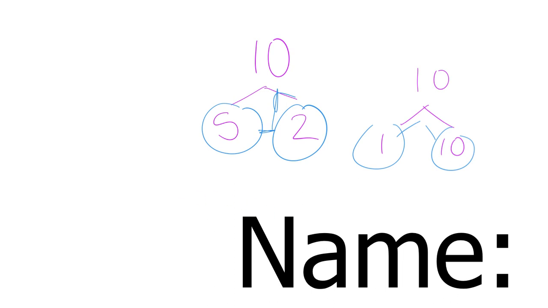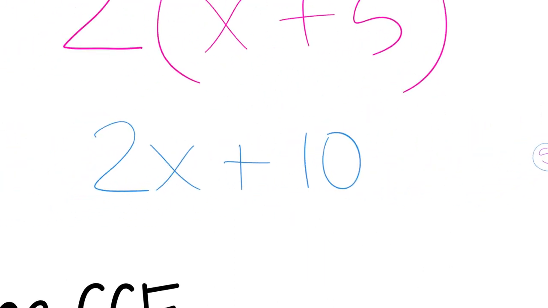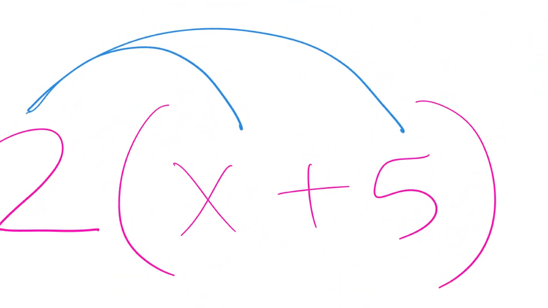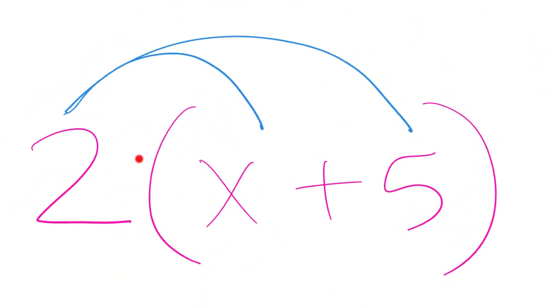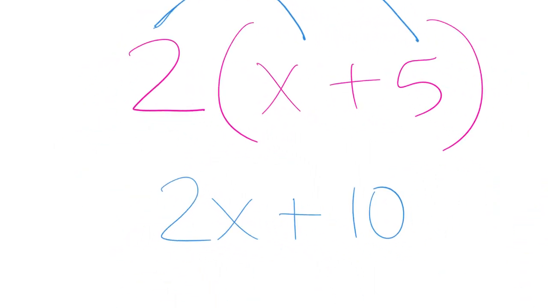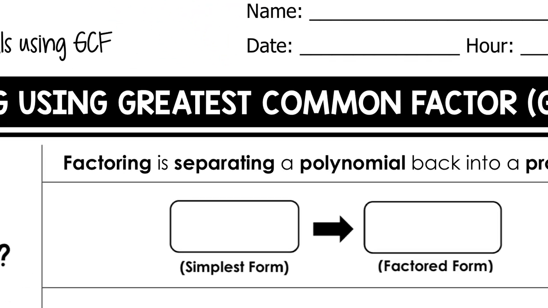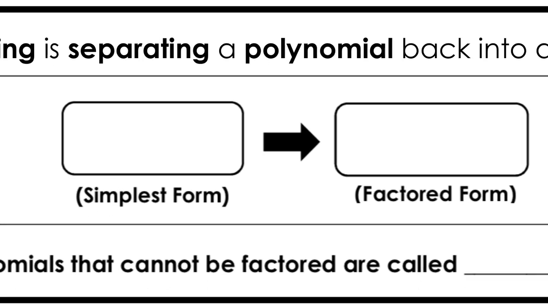Now, when we have polynomials, the factors look a lot different. The factors of 2x plus 10 are this right here. It would be 2, that's one of the factors, and the other factor is x plus 5. Because if you take these two things and you multiply them together, you end up with 2x plus 10.